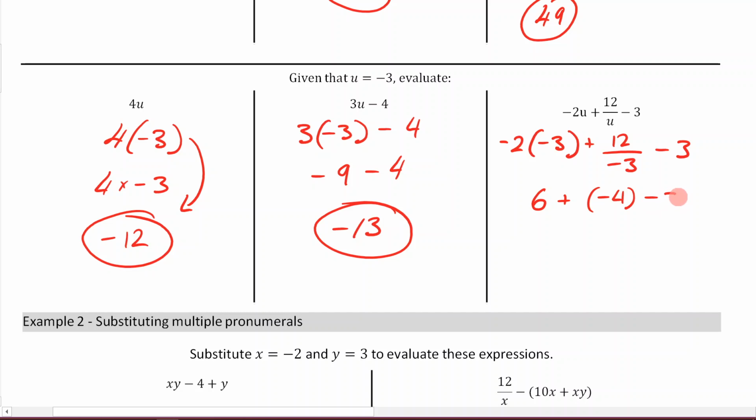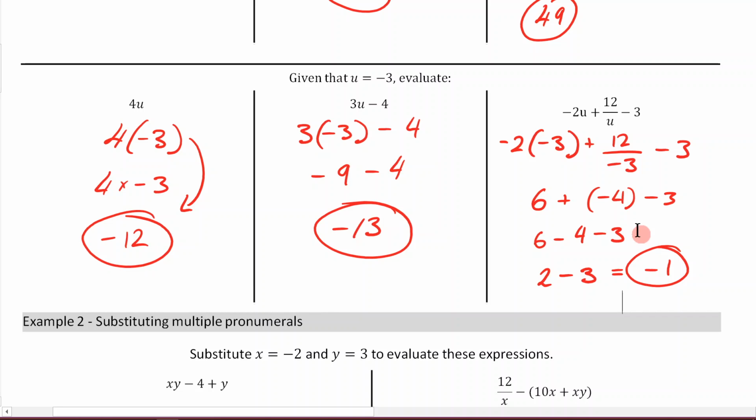Then I'm going to have minus 3 here. Now, this can be written in a simpler way. If I'm plussing a negative, that's the same thing as simply subtracting that value. So I'm going to end up with 6 minus 4 minus 3. Now, 6 minus 4 is going to be 2. And 2 minus 3 is going to be -1. And that's going to be my answer right there, -1.